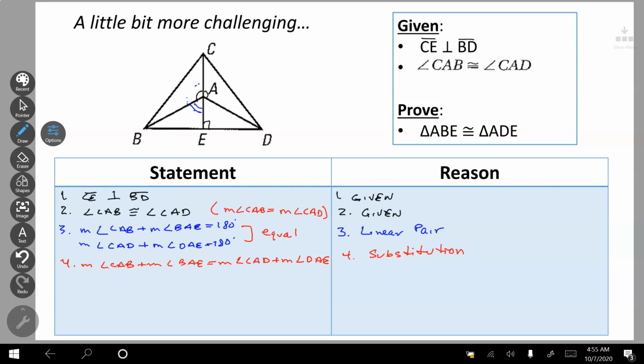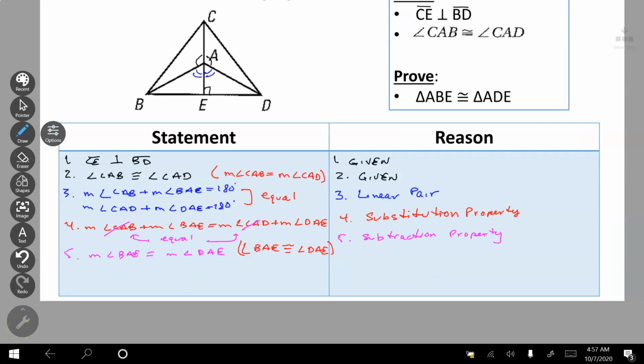That means this angle and this angle are equal to each other. So I can get rid of them by saying the measure of angle BAE is equal to the measure of angle DAE, and that's just called subtraction. I just subtracted them out.